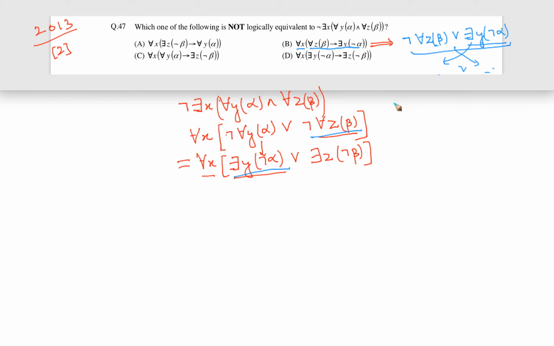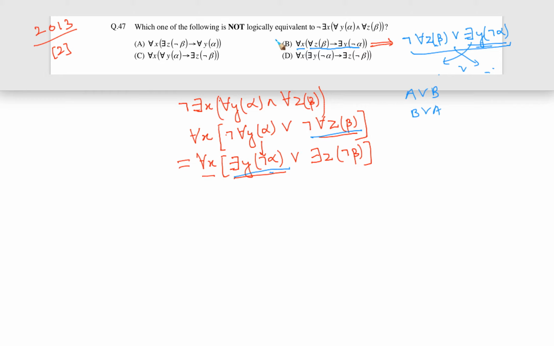Now you can understand that this thing is matching and this thing is also matching, and or is commutative. A or B is obviously same as B or A, right? So it is definitely equivalent, so it is not going to be our answer because it is equivalent. We have to find which of the following is not equivalent. B is equivalent. What about C?